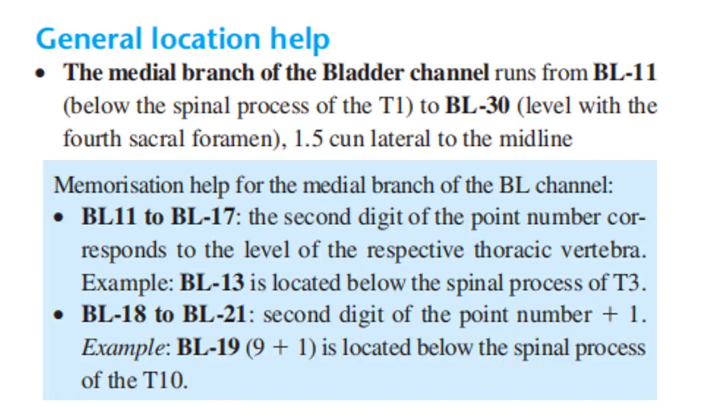Memorization help for the medial branch: bladder 11 to bladder 17, the second digit of the point number corresponds to the level of the respective thoracic vertebra. For example, bladder 13 is located below the spinous process of T3. Bladder 18 to bladder 21, second digit of the point number plus 1. For example, bladder 19, 9 plus 1, is located below the spinous process of T10.